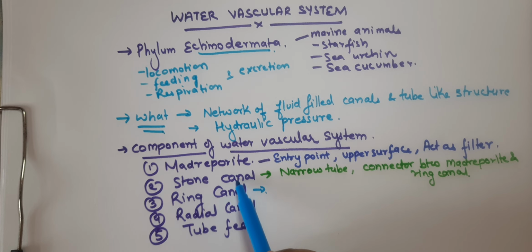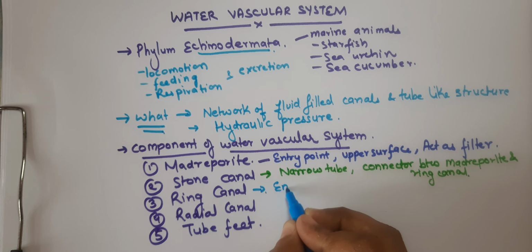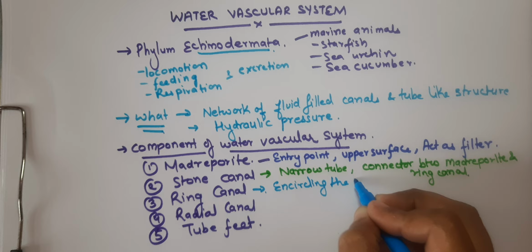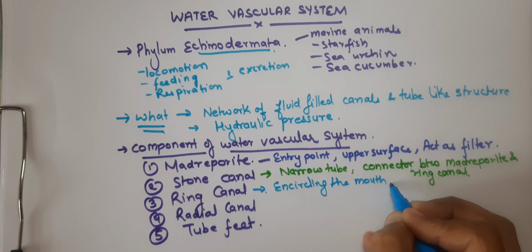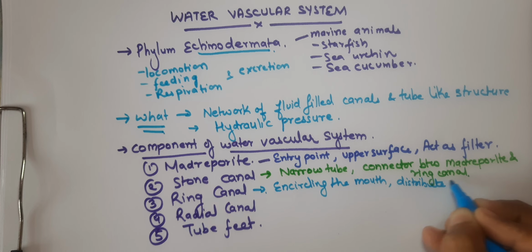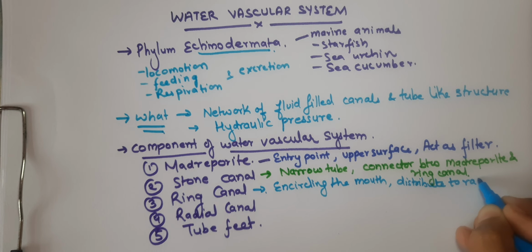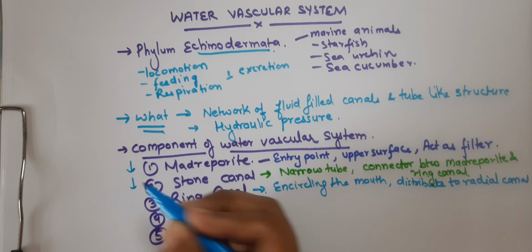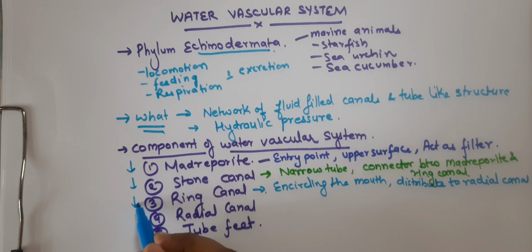The water travels through the stone canal towards the ring canal, which encircles the mouth and distributes water to the radial canal. From the Madreporite the water passes through the stone canal, then the ring canal, and then it enters the radial canal.